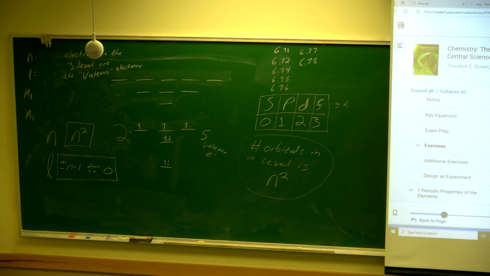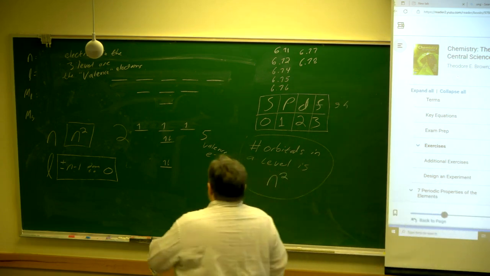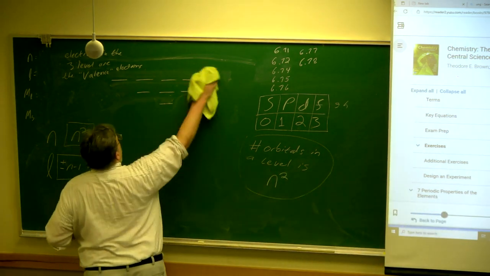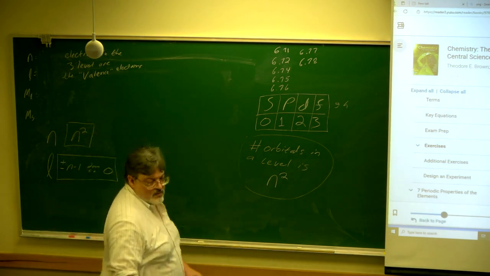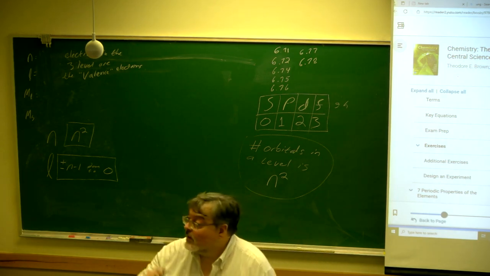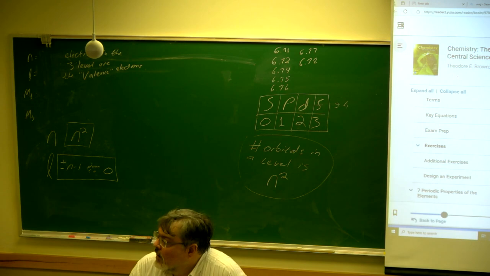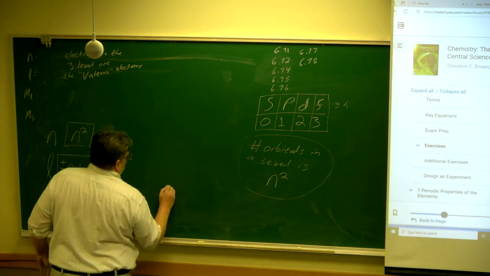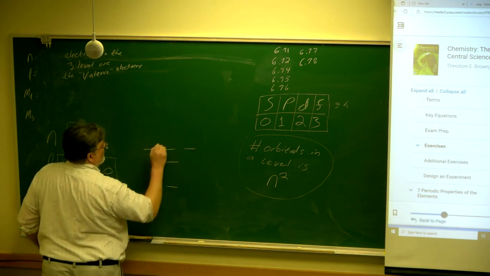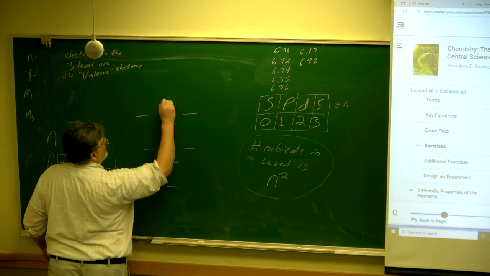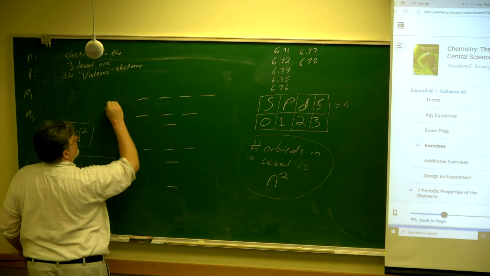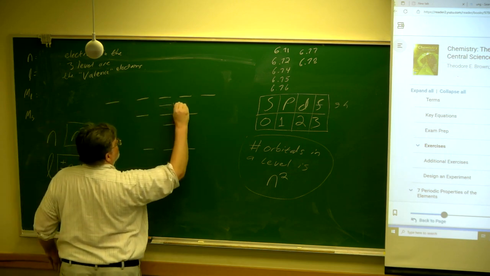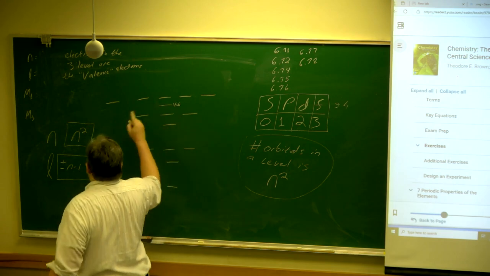Condensed, write the condensed. I'll do the condensed for vanadium. Well, let's do bromine since I just mentioned it. That's the 4s. 4s, 3d.